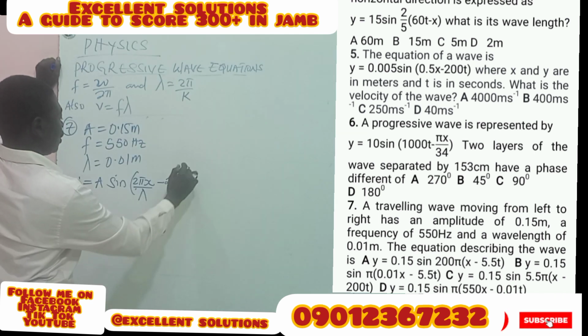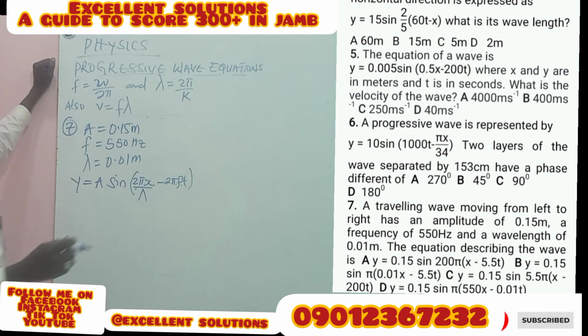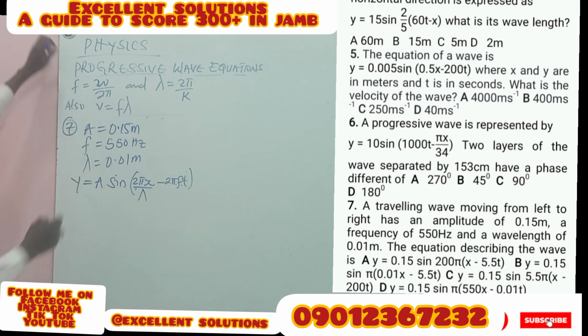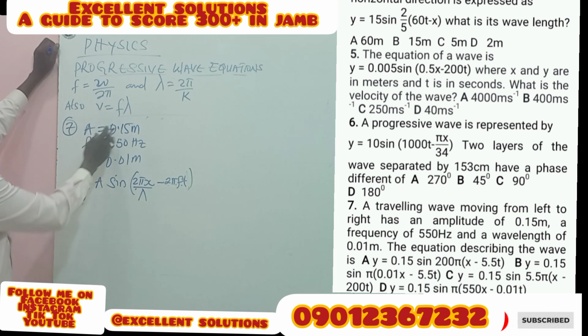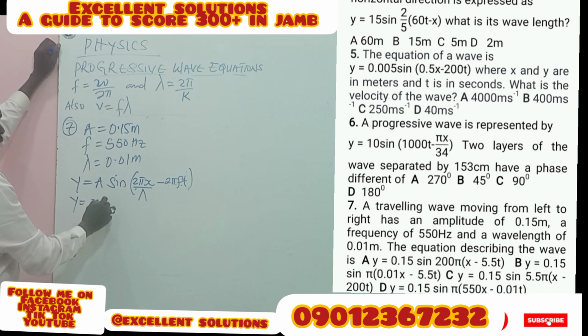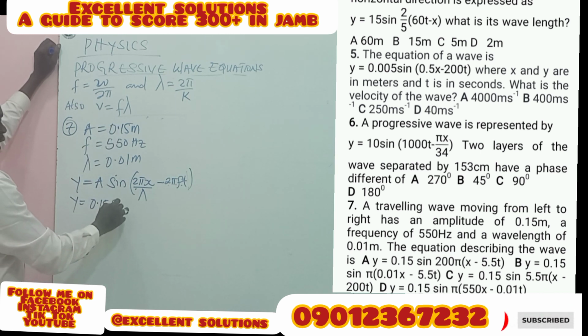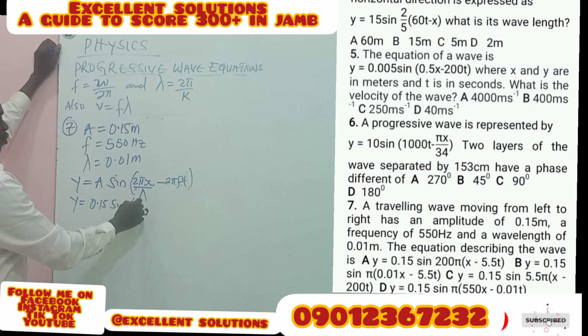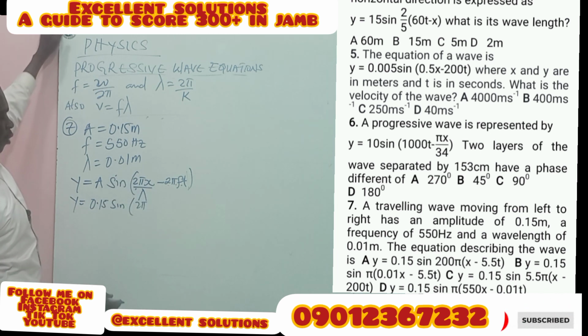If we compare these equations with what we are having here, A is amplitude, which is 0.15. Then sine, we have 2 pi common.